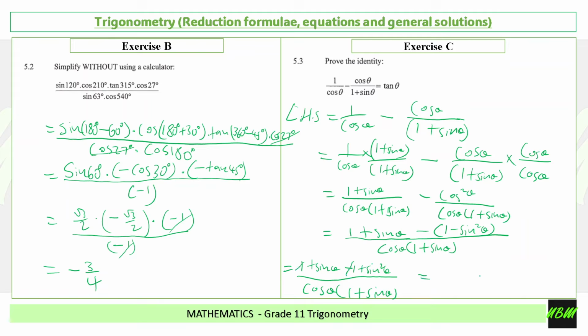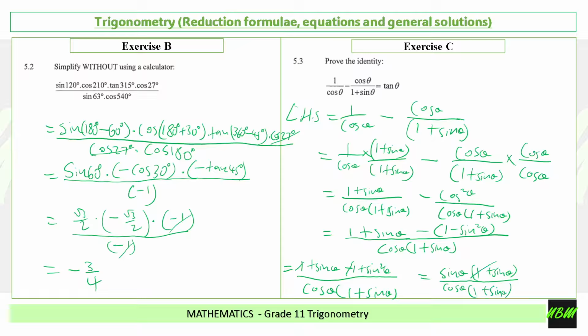Therefore this will be equal to, in the numerator we have a common factor, sine theta. Take sine theta out as a common factor and we'll be left with 1 plus sine theta, all divided by our denominator cos theta multiplied by 1 plus sine theta.